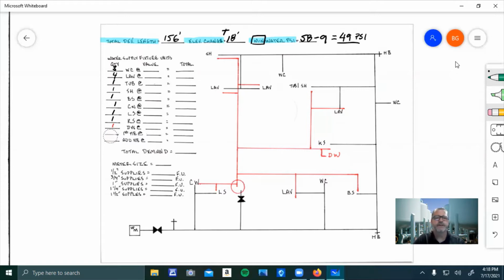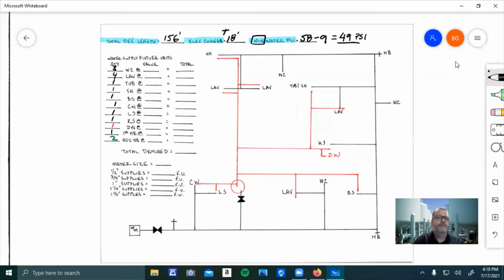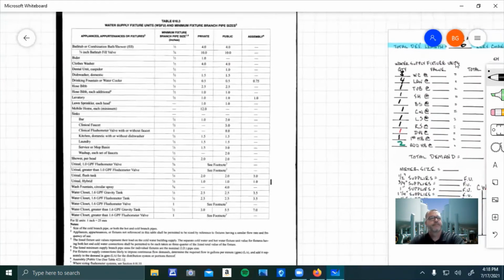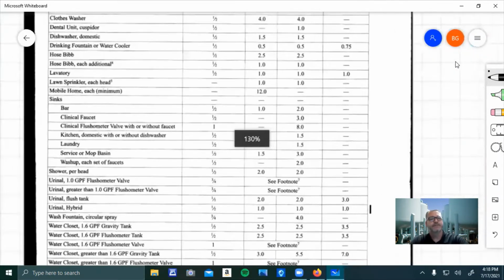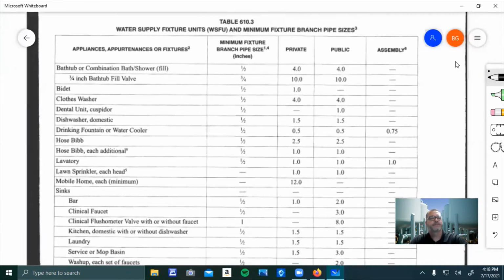Get rid of the rest. We'll go to here. Now we get to do the values. So we're going to go to this section over here, and this is where we get our value for each fixture.